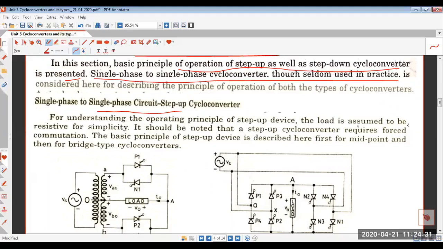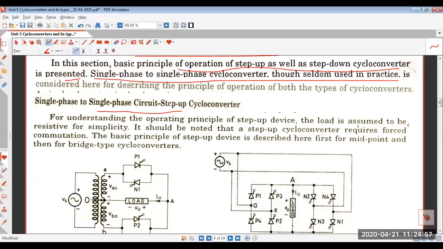Either the SCRs can be used as midpoint, like we have a center tap rectifier, where by using a center tap transformer you can design a center tap rectifier. Similarly we have a bridge rectifier also, because the SCRs are connected in a bridge formation.